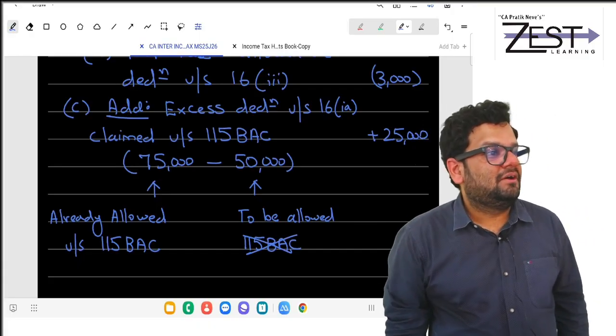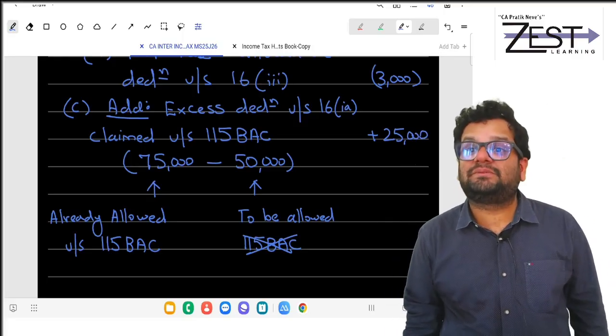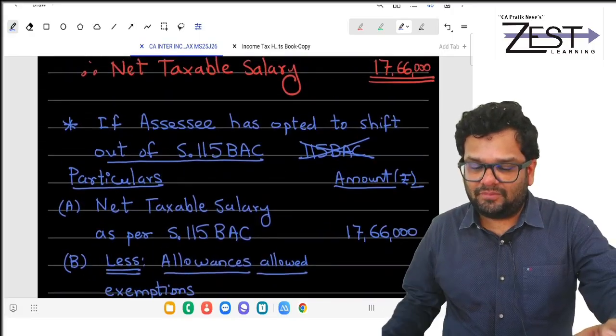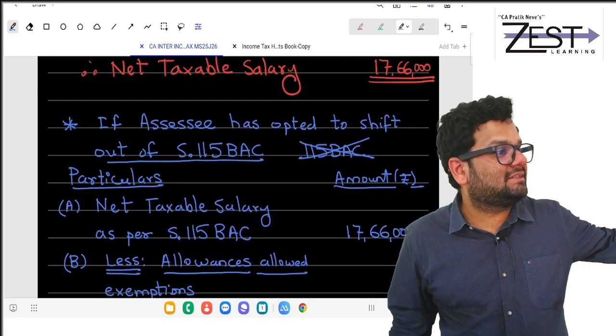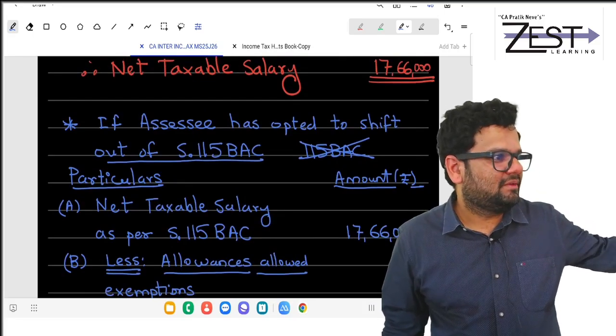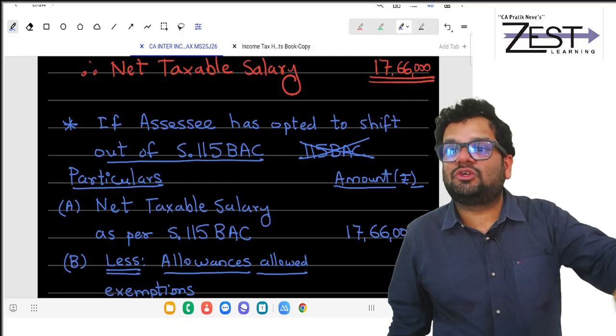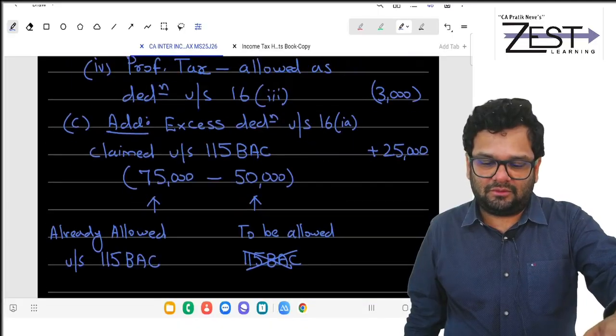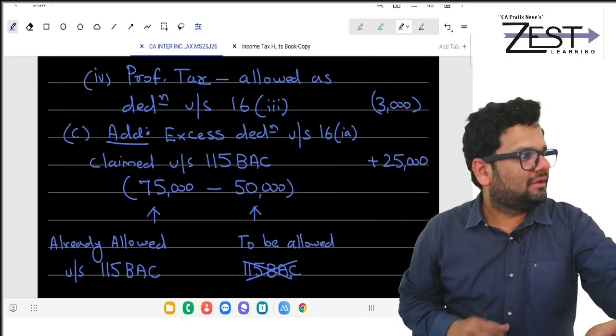That means what has happened? You have already subtracted 75,000 while getting your 17,66,000. So what you should have done? You should have actually allowed only 50,000. So how much extra you have allowed? 25,000. That you are adding back.